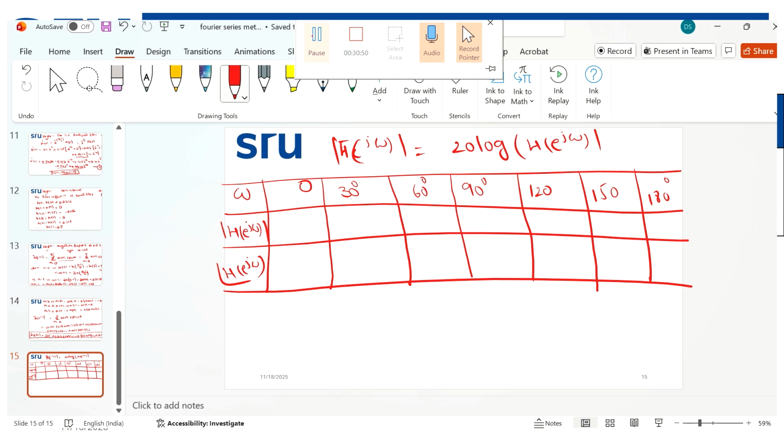If I substitute the same in the above expression, I will get the magnitude as 0.151, 0.940 and the phase values as shown in the table, for omega equal to 60 degrees, 1 by root 2, and so on, down to minus 24.7 degrees and minus 26.